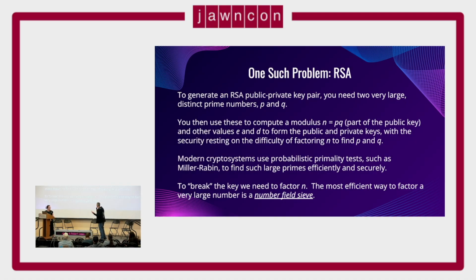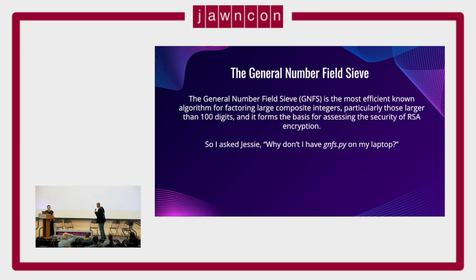So I asked Jesse, so Number Field Sieve, the most efficient way to factor an RSA key is a number field sieve. That would be the most efficient way to factor a very large number. So I want to see how that would work.